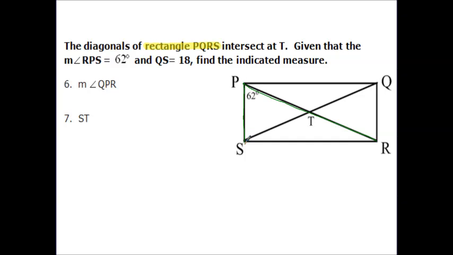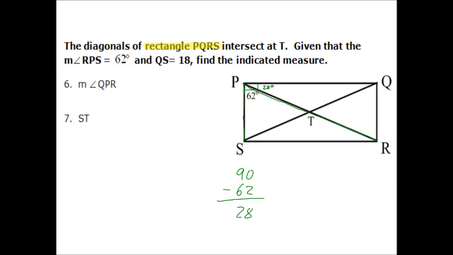And if this angle is 62 degrees and we have a rectangle, that means that this angle is 90 degrees. So 90 minus 62 is 28. So we know that the smaller of the two angles here has to be 28 degrees.